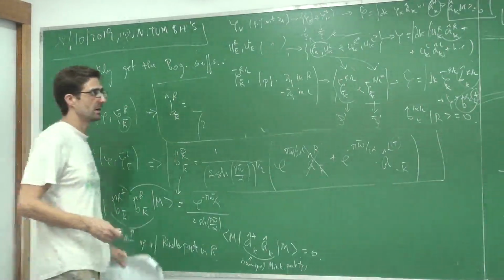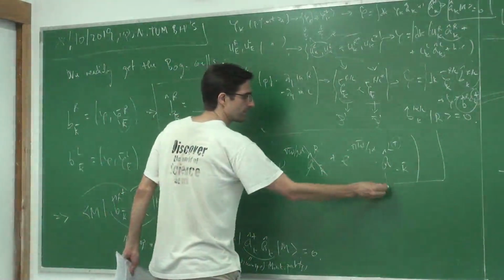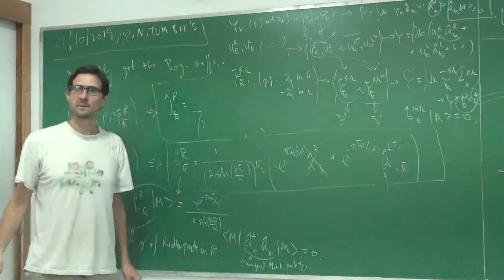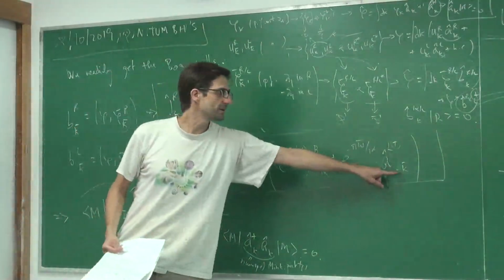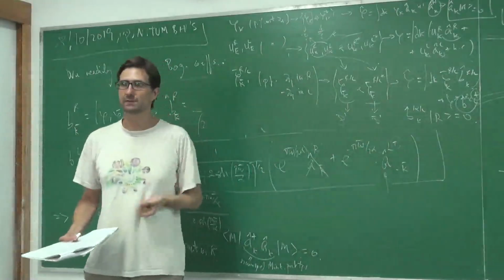Okay, it's the square of the coefficient of this curve. This creates a one particle state, one particle Minkowski.